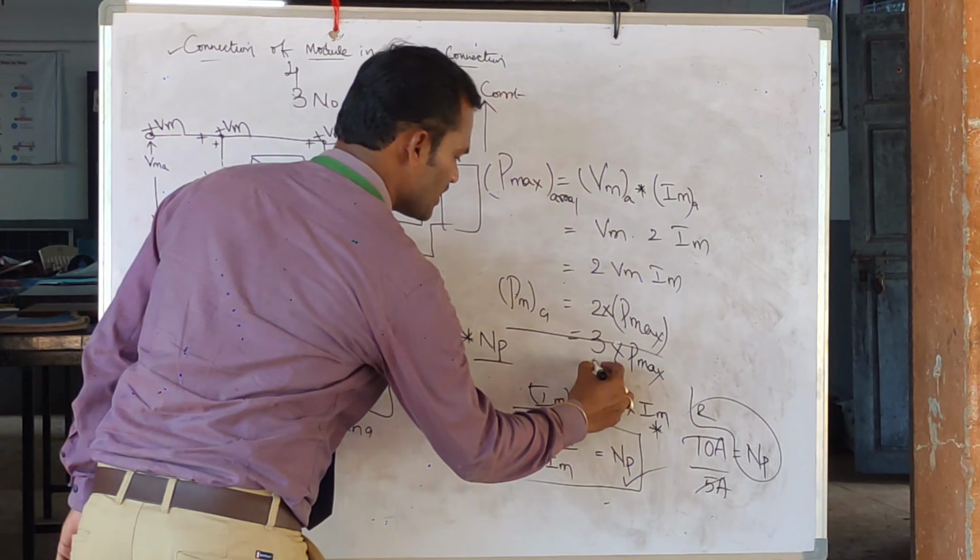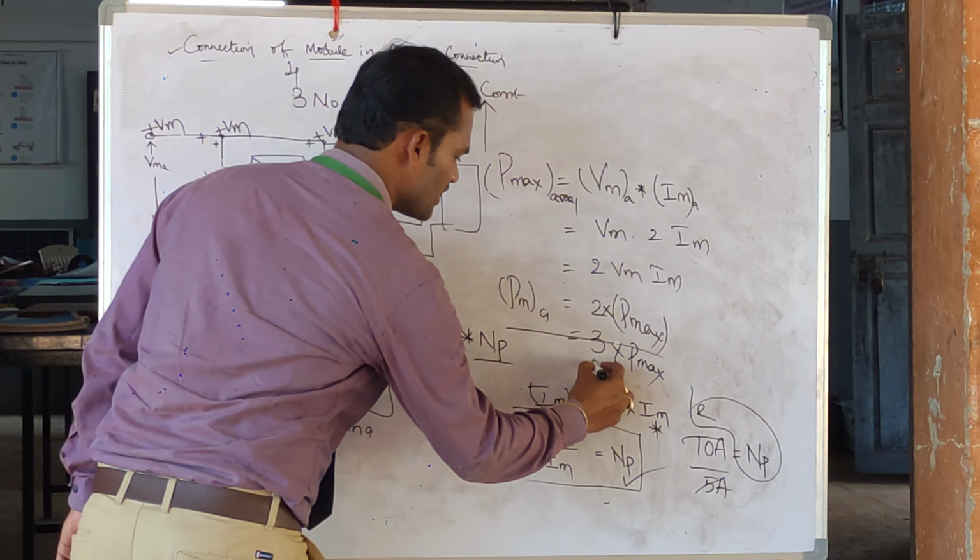If I use 5 panels, the power is increased 5 times. So the power is multiplied by the number of panels. Here n is the number of panels connected in parallel connection. So the total power is multiplied with the number of panels connected in parallel.